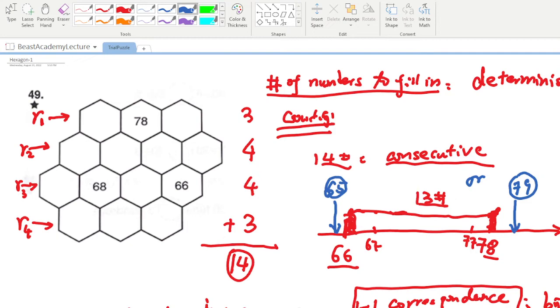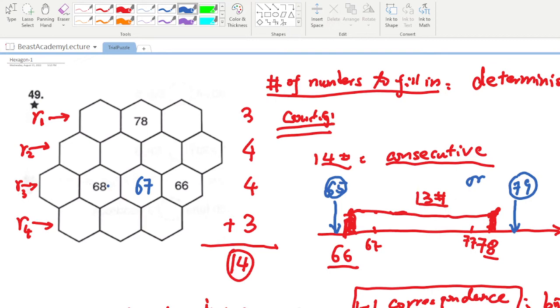Now let me guide you to see how we can figure it out. We need to add 65 or 79. Who can tell me which number I should put here? 67. 67, right? Now let's think. Is this 66, 67, 68?